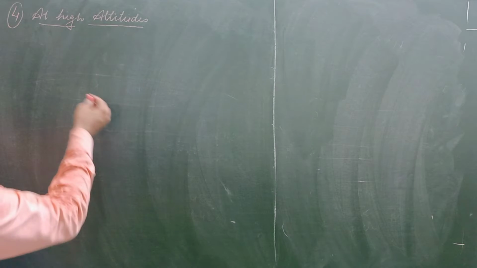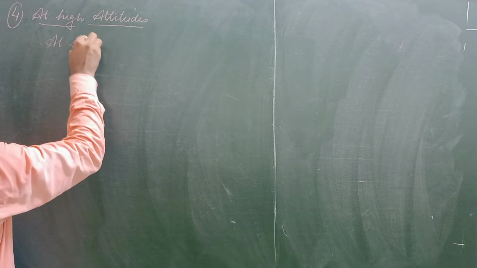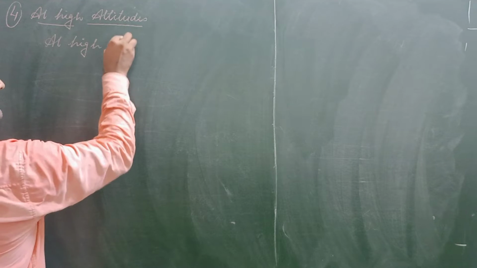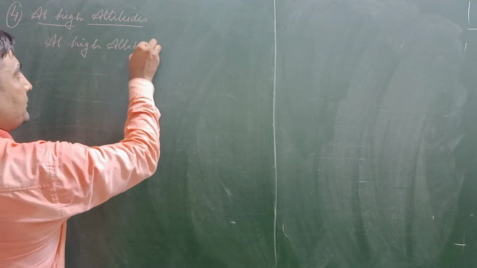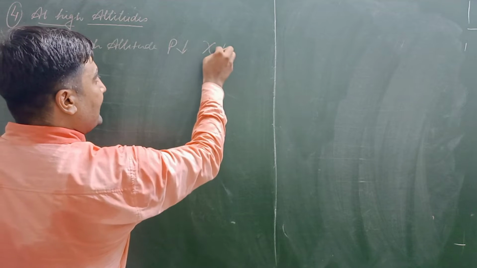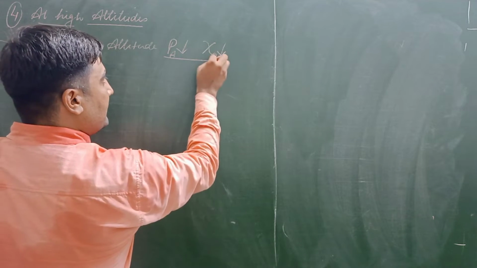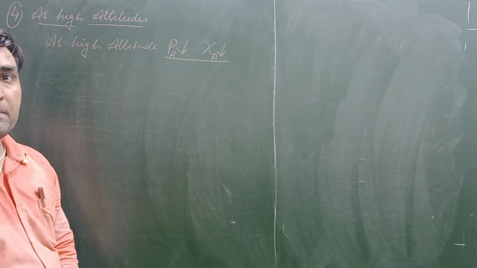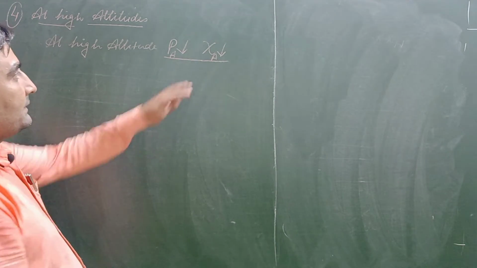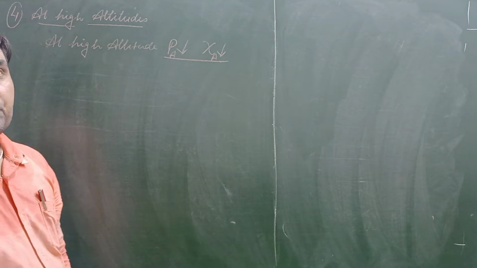It's because at high altitudes the pressure gets decreased, therefore the solubility gets decreased. Pressure of the gas decreases, solubility of the gas decreases. Therefore they generally use the cylinders filled with oxygen.